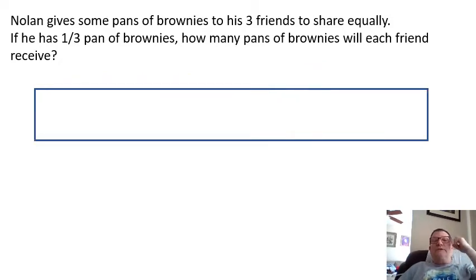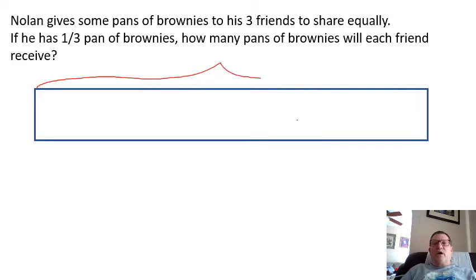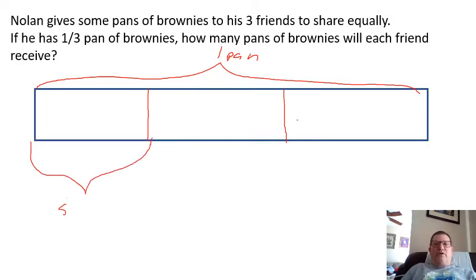All right, let's see what happens when he goes to 1/3 pan of brownies. Well, just like before, this here is going to be 1 whole pan on top. But I'm going to split this pan into thirds. And I know that this one here is the one he shared with 3 friends.